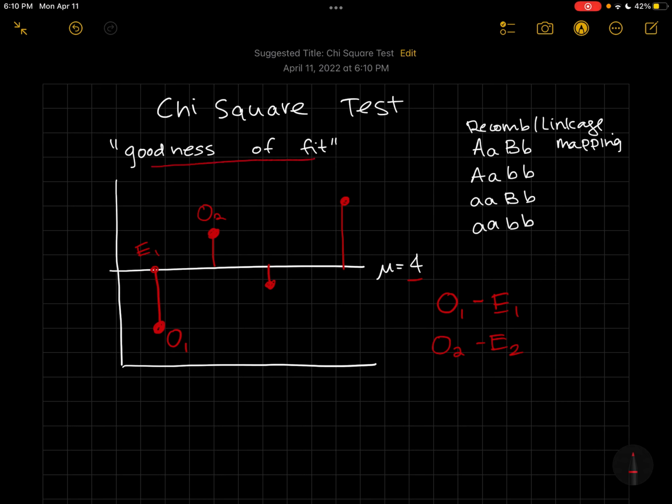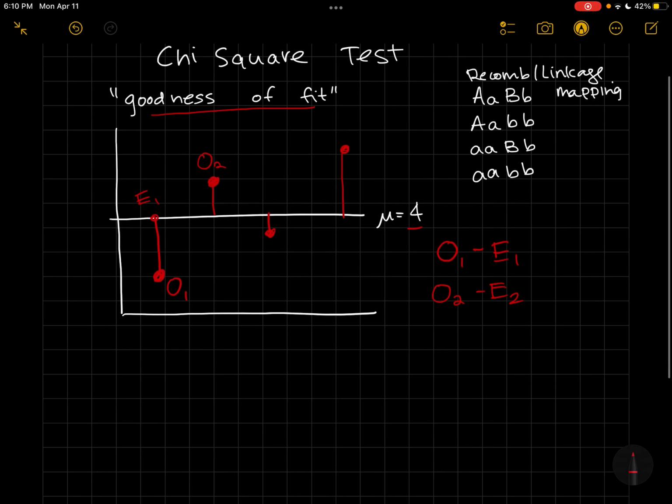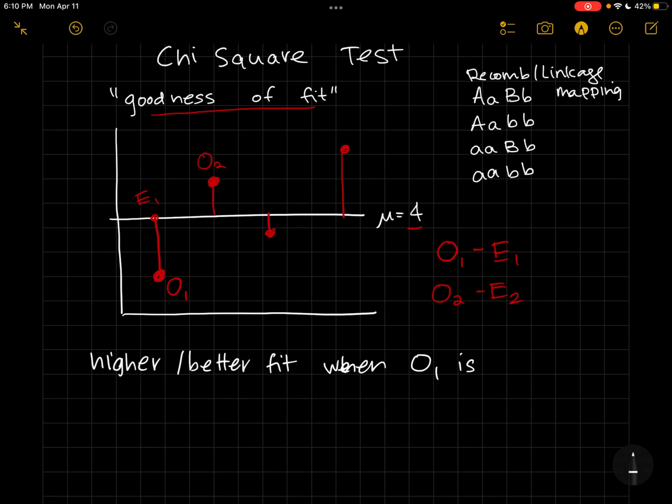So you have higher goodness of fit when these data points are really, really close to your line. So higher, we can say better fit, when observation 1 is close to expected value 1 and observation 2 is close to expected value 2, etc.